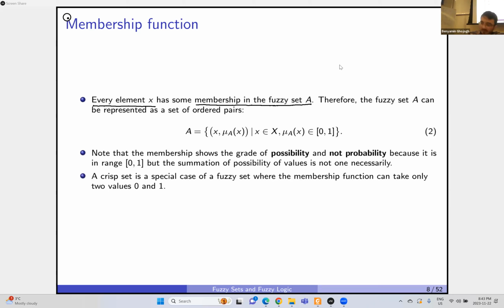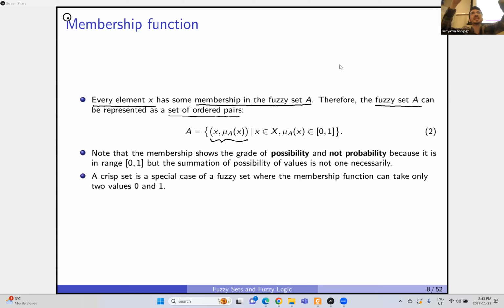Every element X has some membership in the fuzzy set A, right? Therefore, the fuzzy set A can be represented as a set of ordered pairs. This is the way that we can represent this. So we can have pairs of X and its membership.